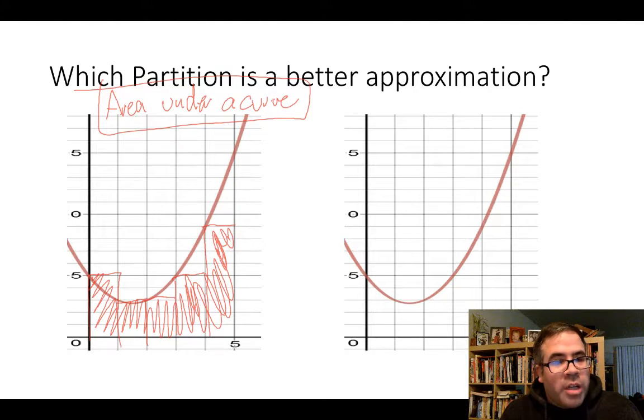So we made a partition to approximate the area under this curve from 0 to 5, right? Let's do it again, 0 to 5, except instead of doing it that way, let's do just more.